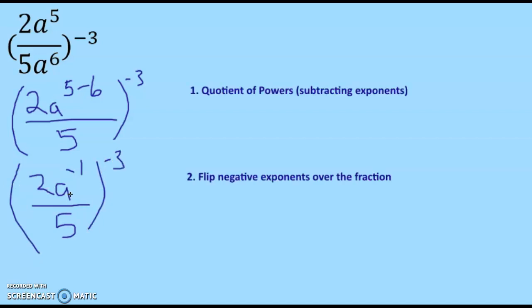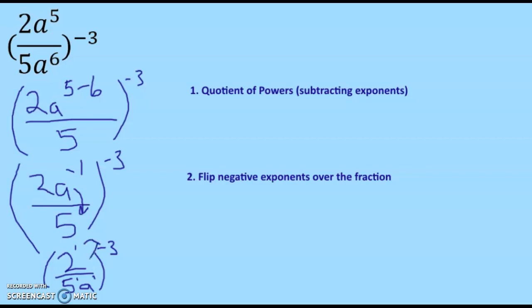Next we will flip this a to the negative 1 power to the bottom. We'll flip it across the fraction. So we'll have 2 over 5a, to the negative 3rd power. Now we're going to put a 1 next to each of these bases because the exponent's 1 if there's nothing there.